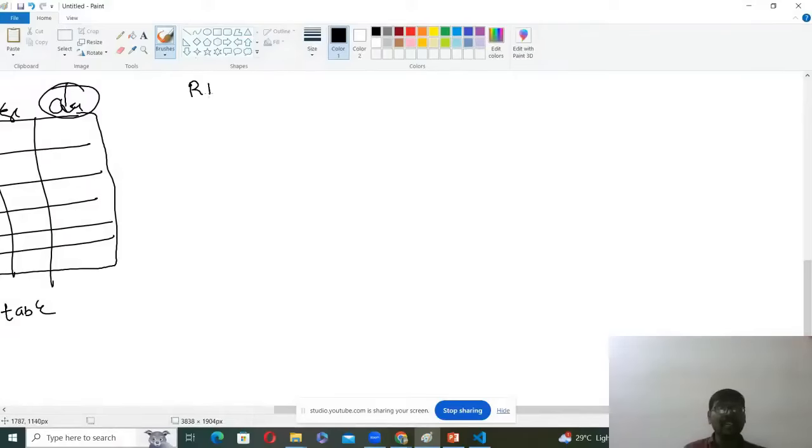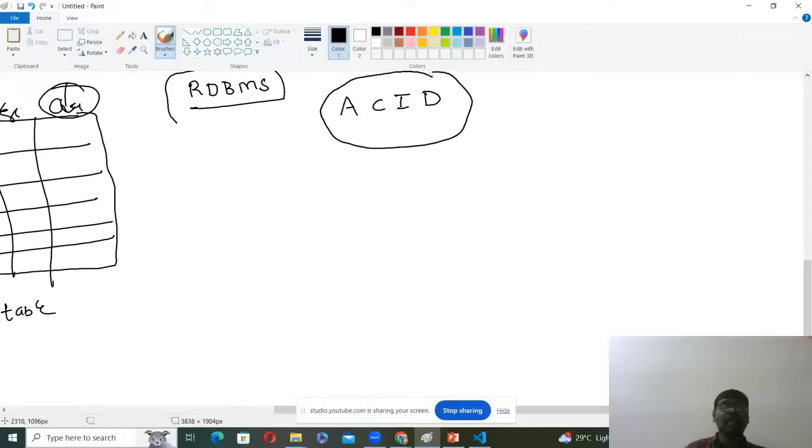A relational DBMS uses relational databases which consist of the ACID properties. In the interview, the most popular question is why the relational database is popular, because the relational database maintains ACID properties. Now I will explain these ACID properties and then move to the next one.